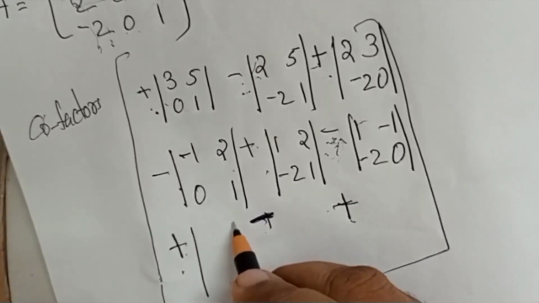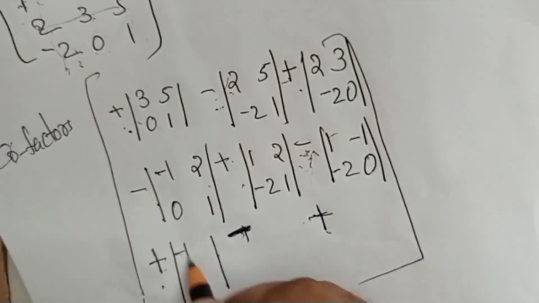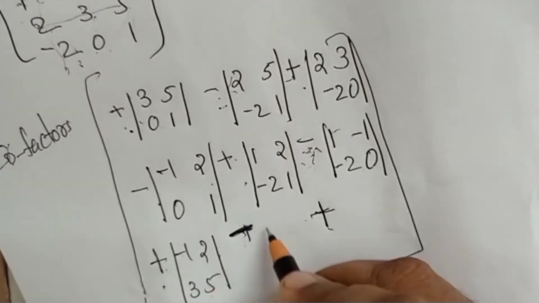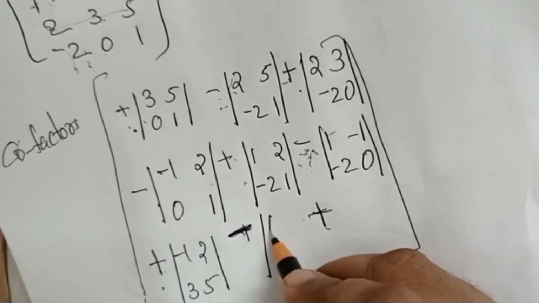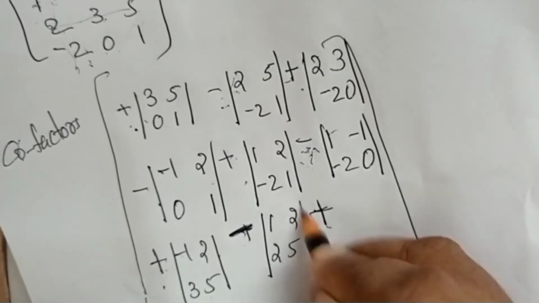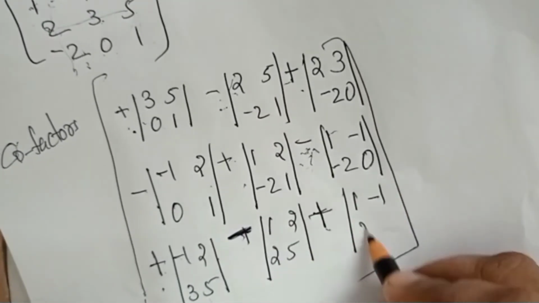Therefore plus into its minor: minus 1, 2, 3, 5. Agree? Then the next one, 1, 2, 2, 5. Then the last one is 1, minus 1, 2, 3.